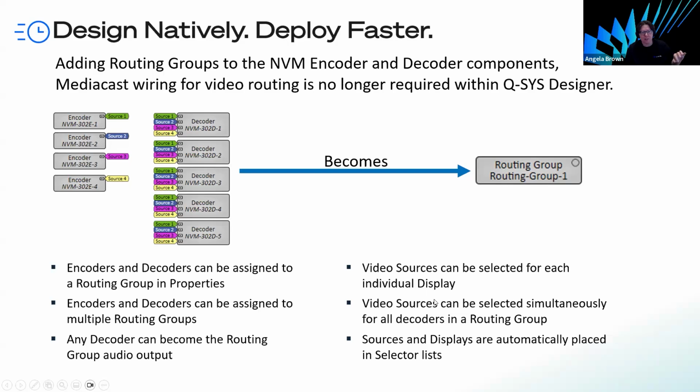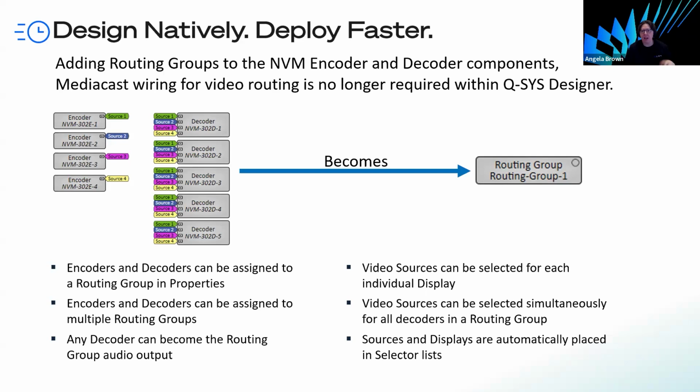One thing that I don't have on this slide that I probably need to go back and add is the audio output of the routing group is whatever source you want to select. Let's just use the sports bar that I've been talking about all day. Say you have that sports bar and you have 2 or 3 sources in the rack and then a bunch of displays all over.